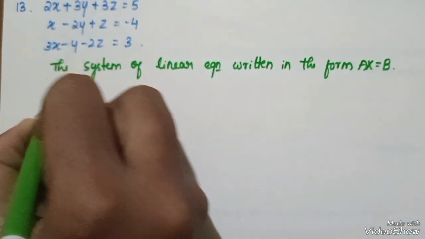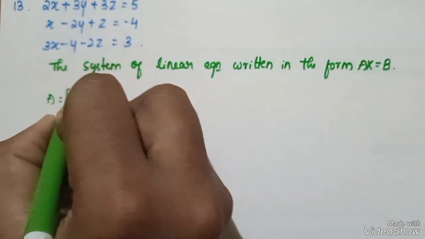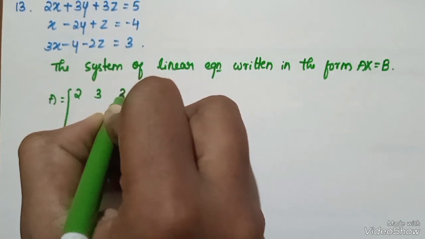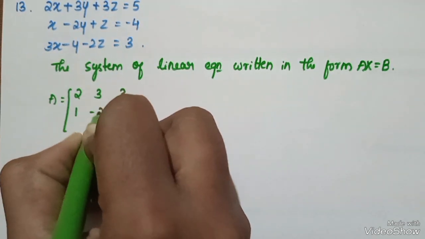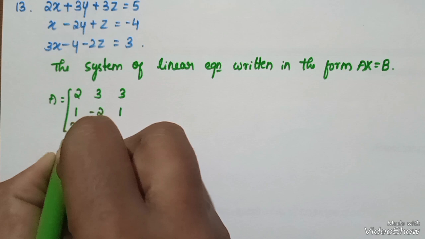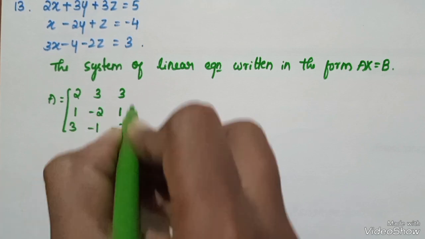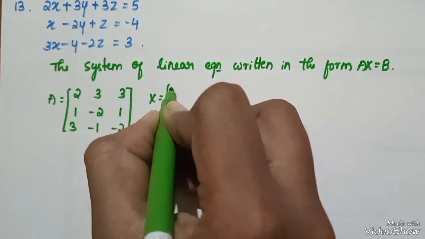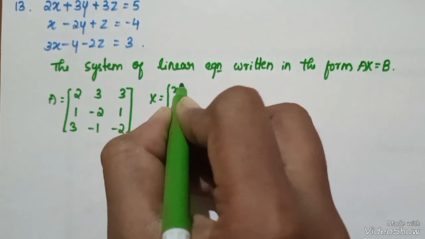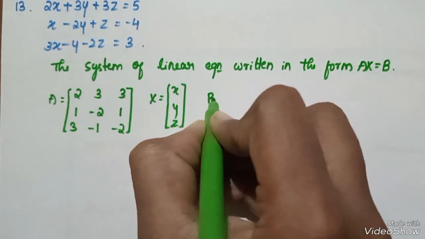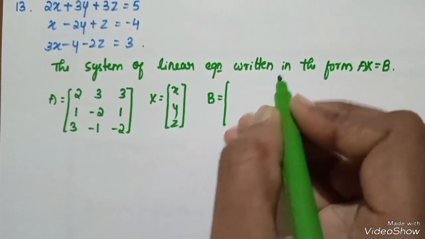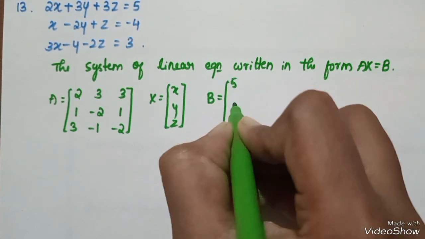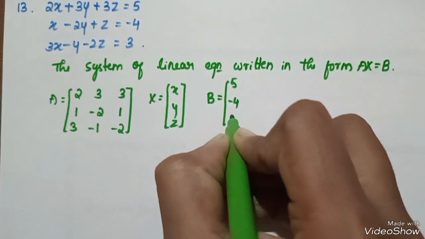Here A is a matrix containing the elements 2 3 3, 1 minus 2 1, 3 minus 1 minus 2, and X is a matrix containing the elements x y z, and B is a matrix containing the values 5 minus 4 3.